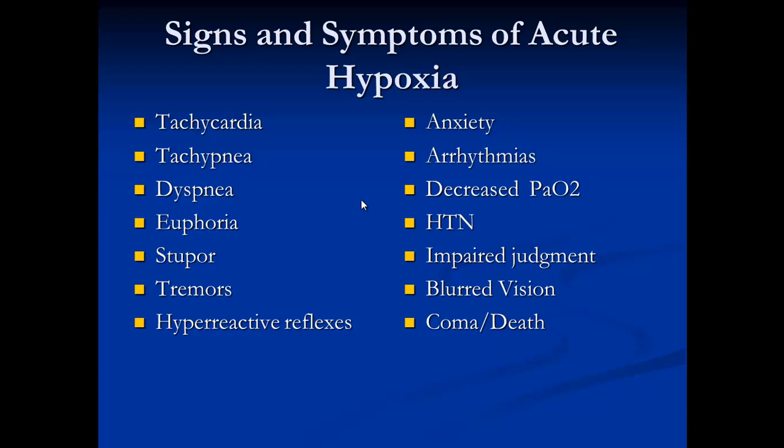Patients tend to come in initially with hyperventilation, therefore the PaCO2 is decreased as well as the PaO2. Patients could have elevated blood pressure, they could have altered mental status, up to coma and death.